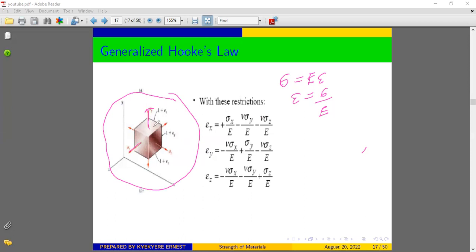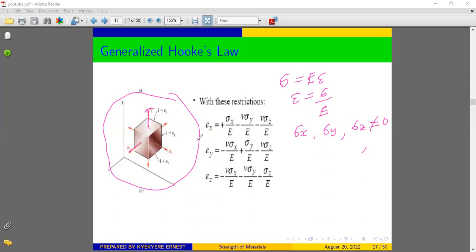So we have force in x, force in y, force in z. Therefore, we are going to have stresses in the x-axis, the y-axis, and the z-axis, and they will not be equal to zero.